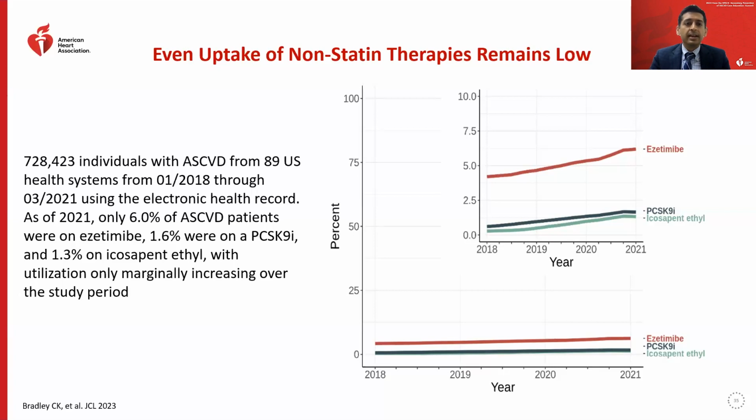What we found was that only 6% of patients were on ezetimibe, 1.6% were on PCSK9 inhibitors, and only 1.3% were on icosapent ethyl, with a small uptake over time, but this is as of 2021. So a lot of patients out there with uncontrolled LDL-C with low implementation of evidence-based therapy.